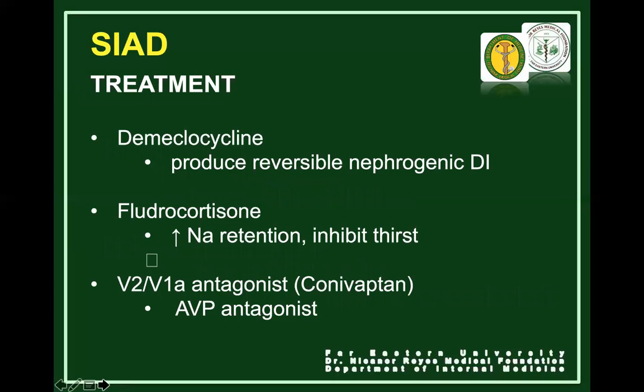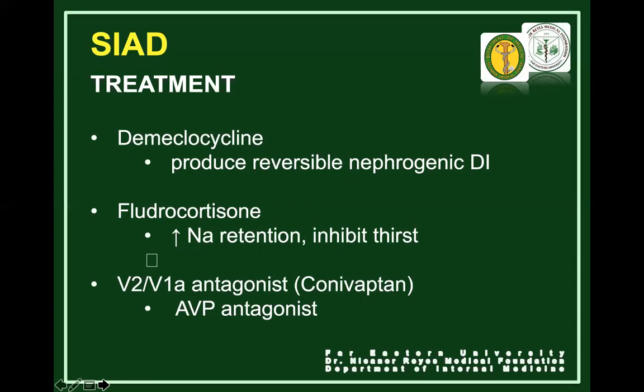So what are the other treatments for SIAD? Let's say water restriction will not normalize your serum sodium, or probably the patient has cancer and the cancer is already inoperable, or you are still trying to figure out the primary cause of the SIAD.